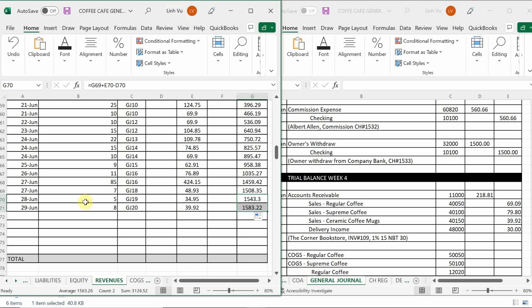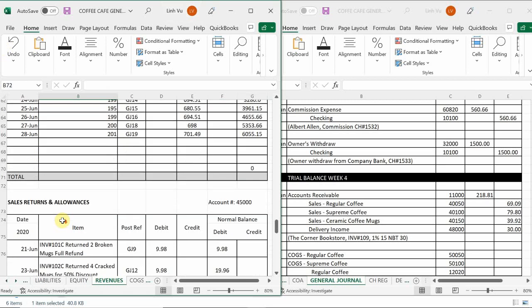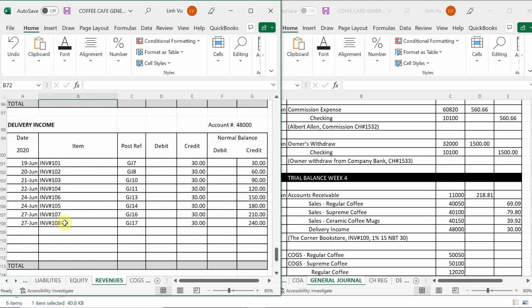Last but not least, I had some delivery income. Invoice number 109, and on General Journal page 20 that gave me another $30, which now gave me a total of $270.